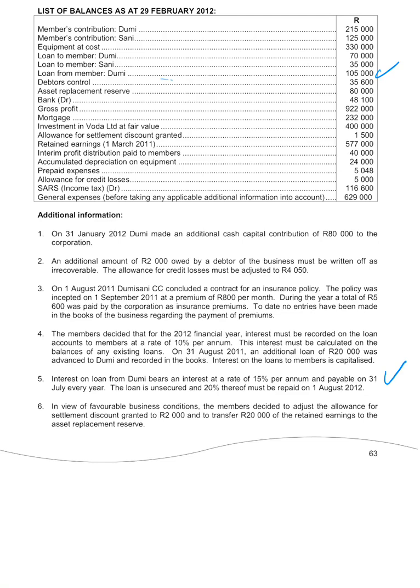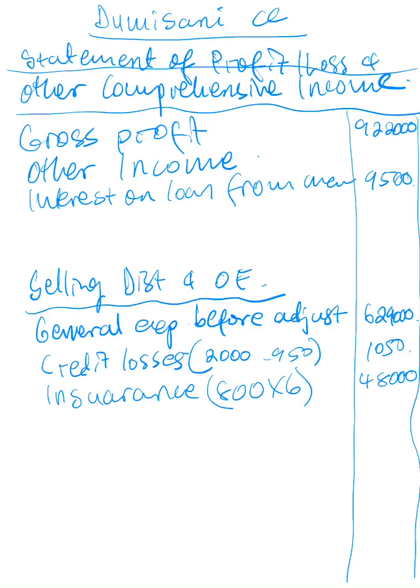So the loan is 105,000 multiplied by 15%, which will give us 105,000 by 0.15, which will give us 15,750. That's a finance cost.